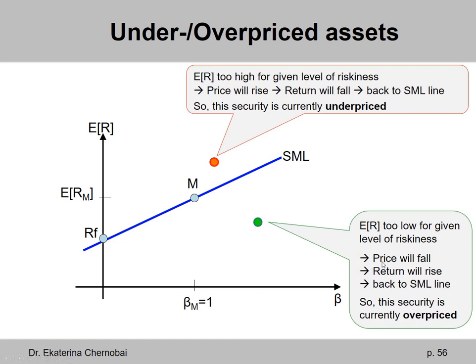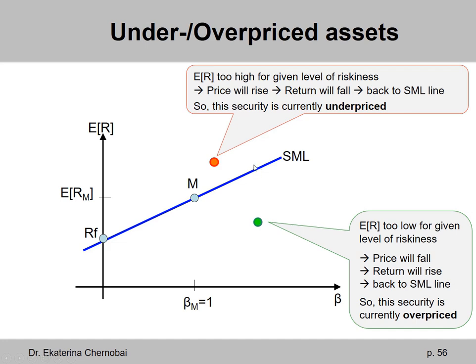If you pay less for the stock now, then everything you're getting on the stock later in the future, like the dividends, mathematically will mean a higher percentage of what you're paying for the stock now, which is exactly how we calculate return. And so that means that as the price starts falling, the return starts rising. And graphically, the point that was under the security market line will start climbing up and slowly reaching the security market line.